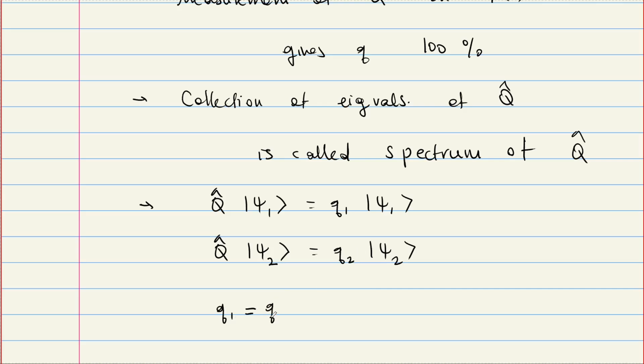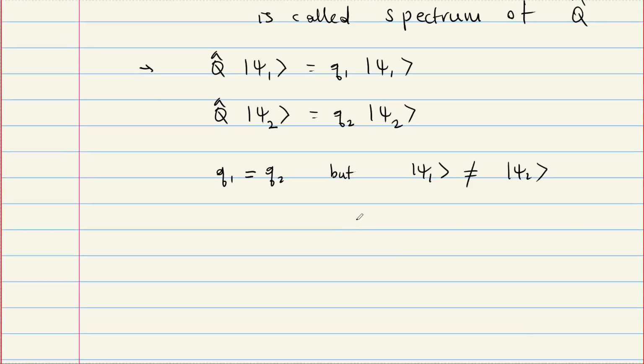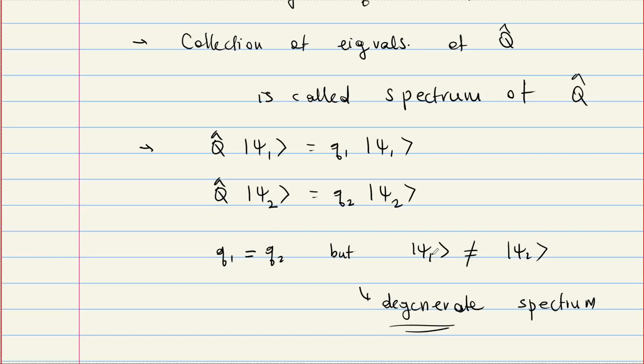If Q1 is equal to Q2, but these two states are different, psi 1 not equal to psi 2, we call it a degenerate spectrum. So that's the keyword.